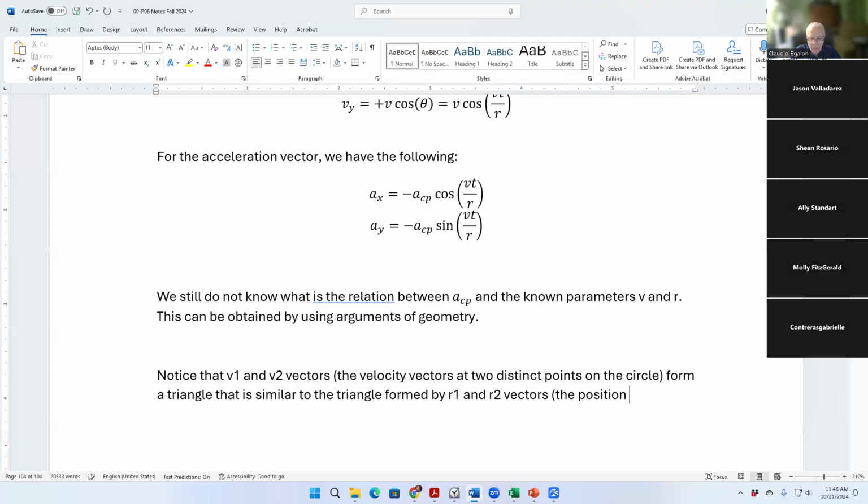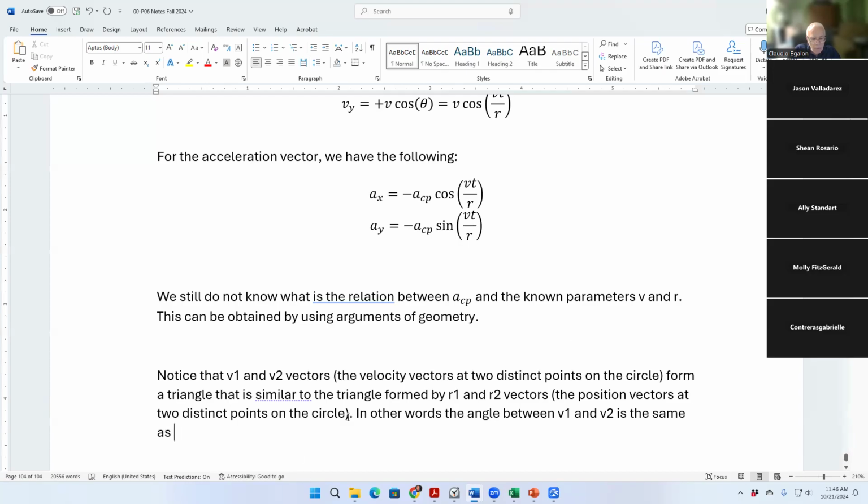The position vectors are two distinct points on the circle. Okay? In other words, the angle between V1 and V2 is the same as, for the following reasons.